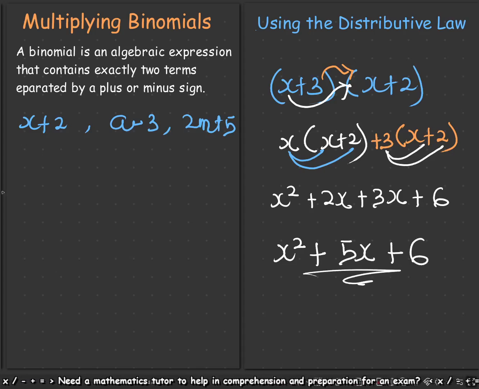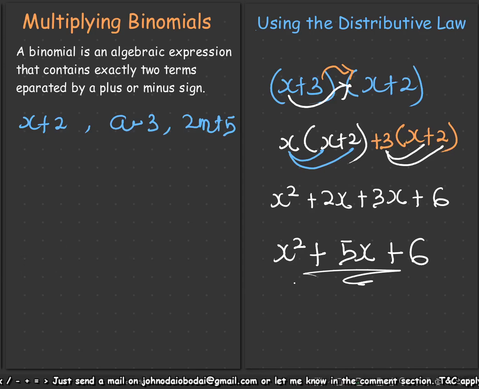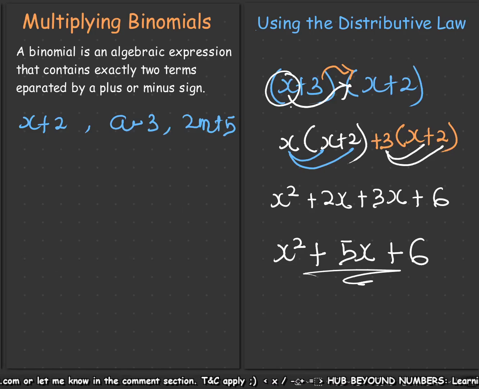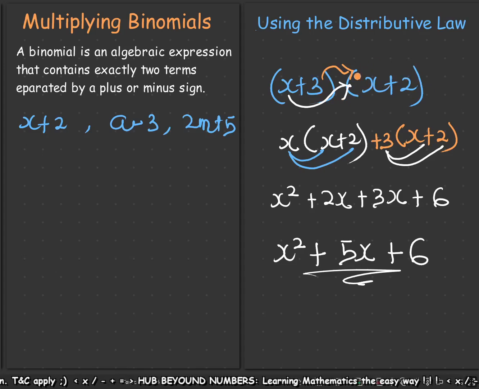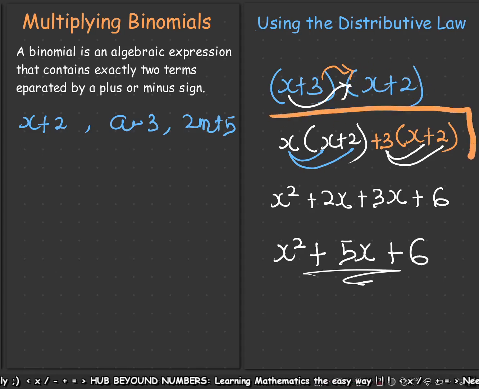This is our final answer after evaluating these binomials. That is how we use the distributive law to multiply binomials. Once again, all we do is you take your first term in the first bracket, multiply it by your other bracket, after which you take your second term, multiply it by this whole bracket, and that is what we did over here.